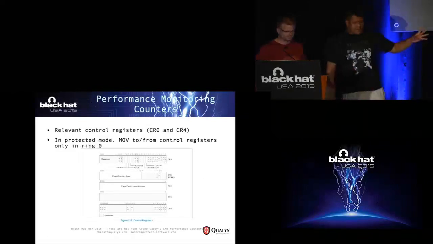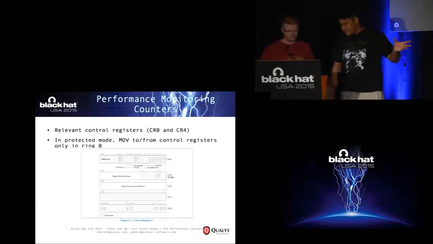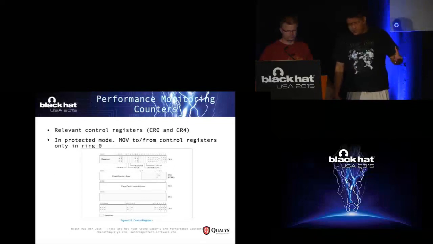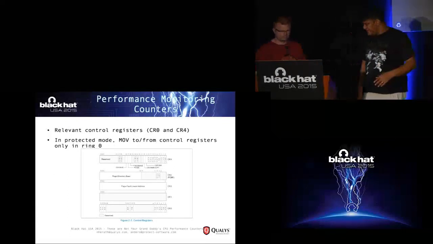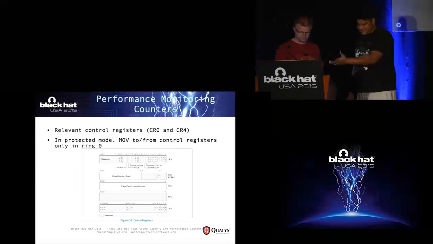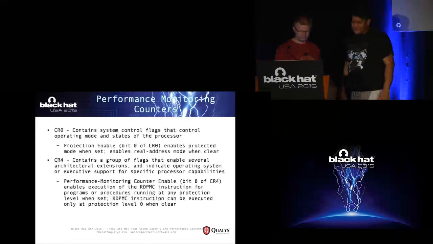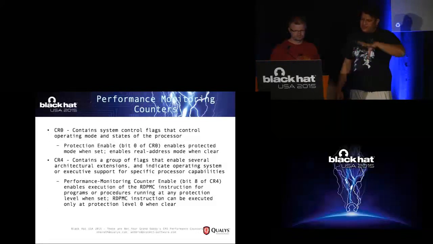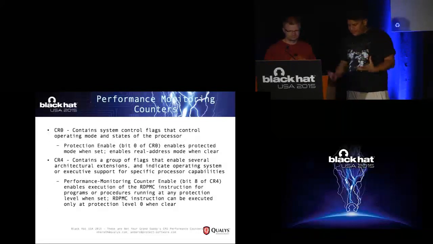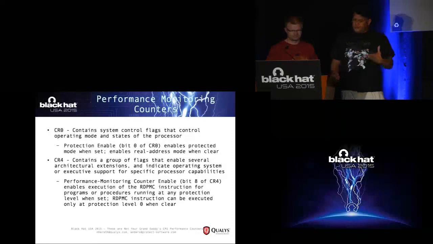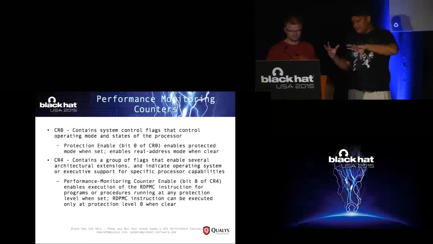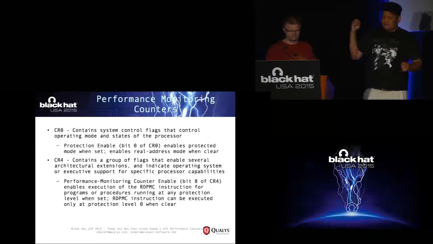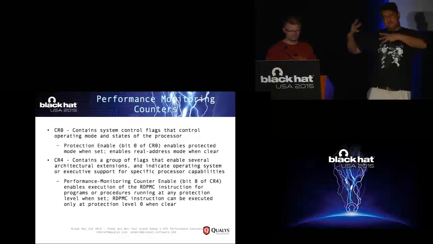So just quickly, the relevant control registers for setting these up are CR0 and CR4. I'm not going to go into the details of it. It's in the manuals. It's just a screenshot from the manuals. And quickly, the CR0 contains the protection enable flag, and that allows us to set the processor modes.